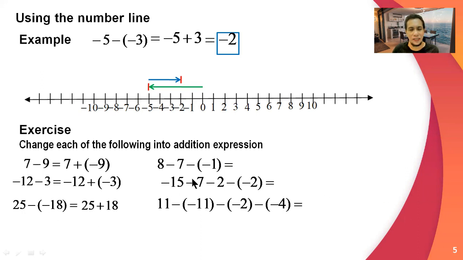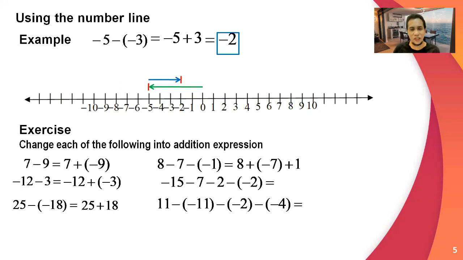All right, let's go to the next. 8 minus 7 minus -1. What's the addition expression? We have 8, minus becomes plus, +7 becomes -7, plus, -1 becomes +1. So this is now the addition expression: 8 plus -7 plus +1.